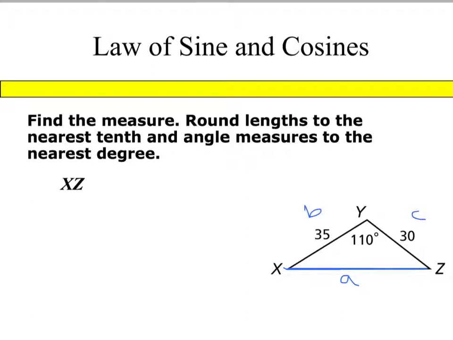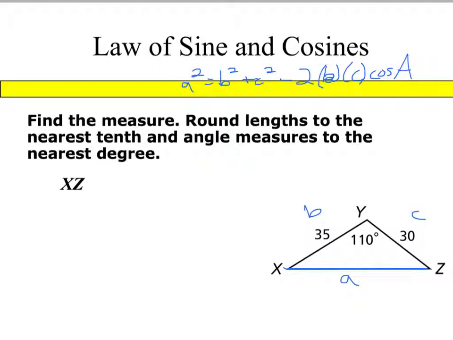Okay, so what we know is A squared is equal to B squared plus C squared minus 2 times B times C times the cosine of big A. When we start plugging things in, your missing side is that A squared.